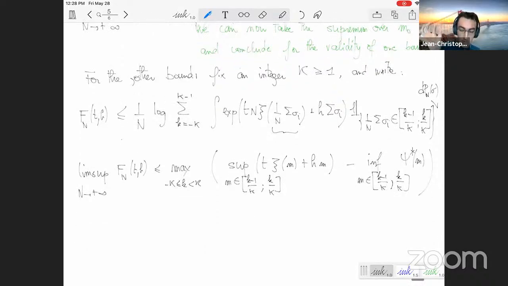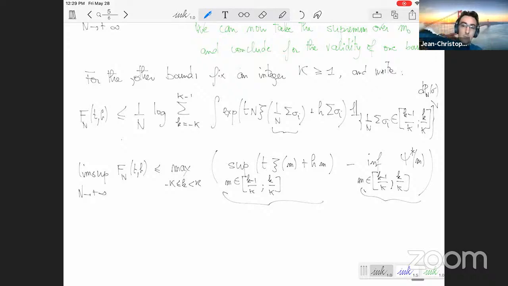Now I claim that when you take capital K going to infinity, clearly this supremum will just, since psi is continuous, start to see something extremely close to evaluating the function at little k over K. And perhaps I'm running a bit short of time, so I don't explain very precisely why things are fine for psi star, but psi star is continuous, at least in the entire domain where it's defined. At the boundary, it's going in the good direction for this bound.